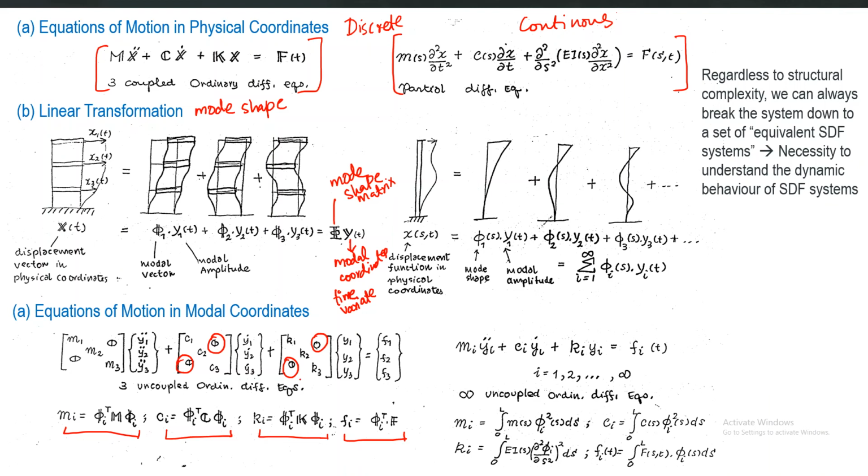The same idea which is in the discrete multiple degree of freedom system is there also in continuous systems. The difference is that instead of mode shape vectors, we now have mode shape functions.